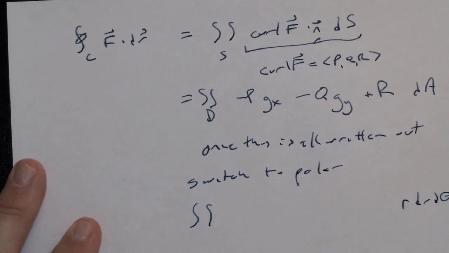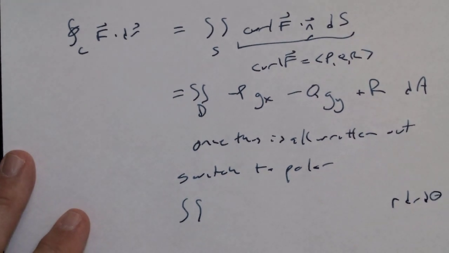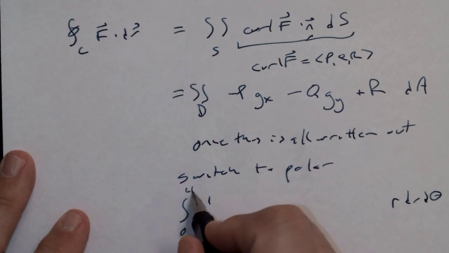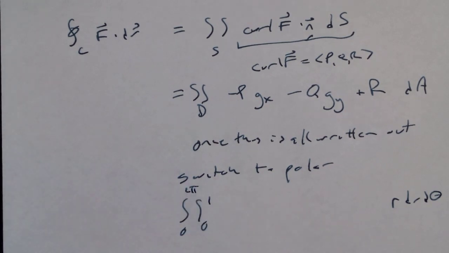But it's a unit circle, a circle of radius 1. So I know I'm going to go 0 to 1, 0 to 2 pi, because it's x squared plus y squared equals 1 for the cylinder.